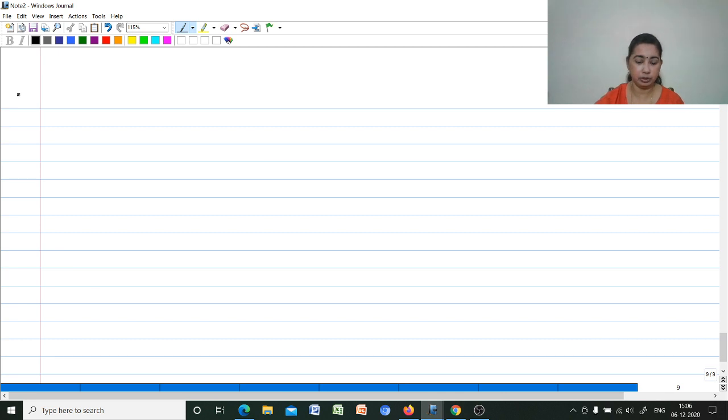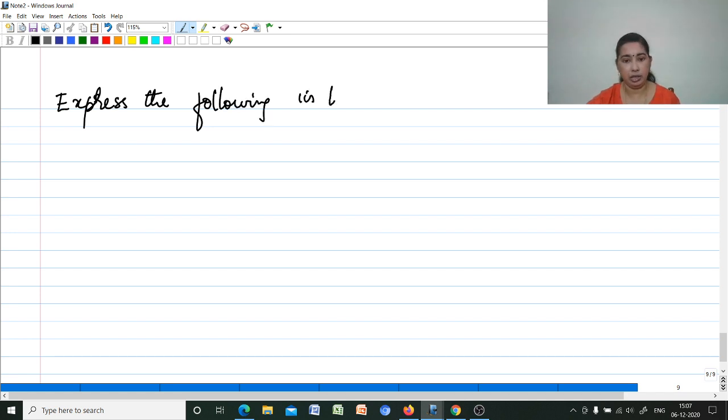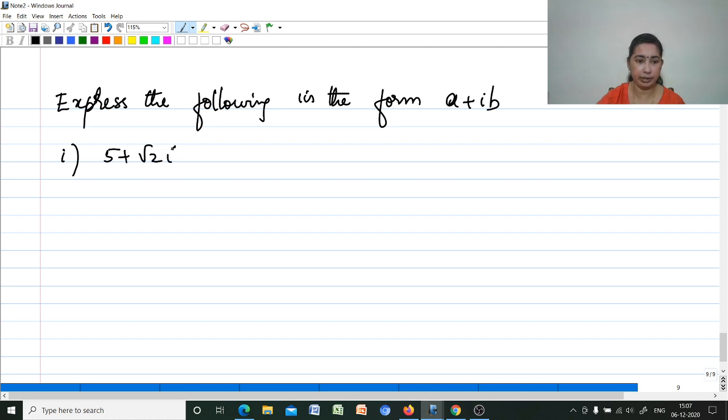Now the next question: express the following in the form a plus ib. In that, the first one is 5 plus root 2i divided by 1 minus root 2i.